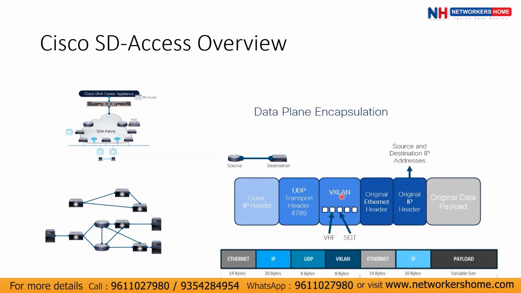And on top of that, the VXLAN header is encapsulated with the UDP transport header, 4789 is the port number, and then another IP header. So this is how the frame or packet looks, and based on that, you can identify how much encapsulation and decapsulation happens for each and every traffic, right? That's why 9100 is mandatory within the fabric.